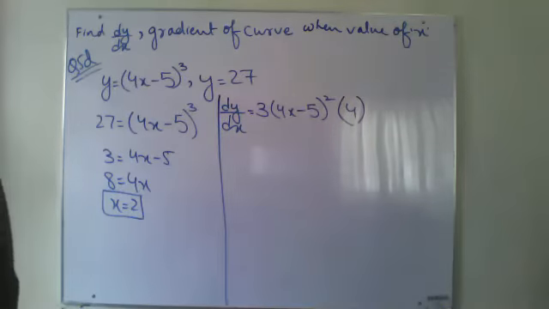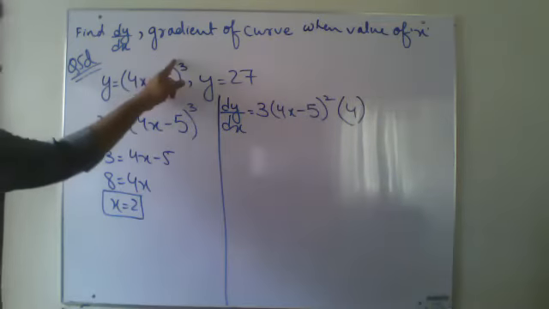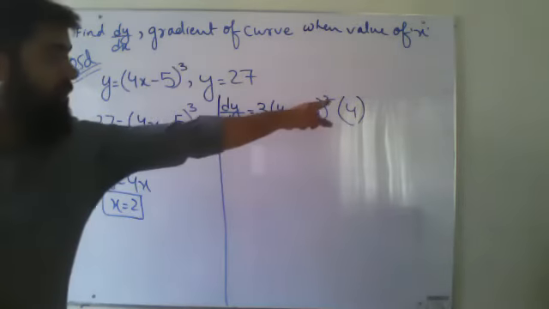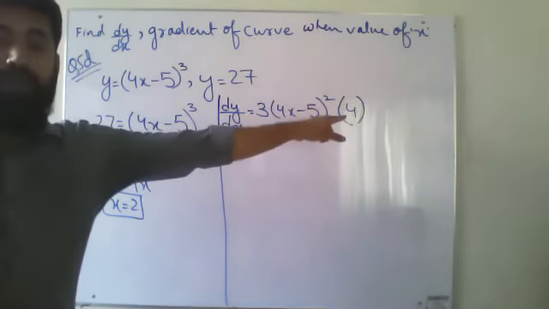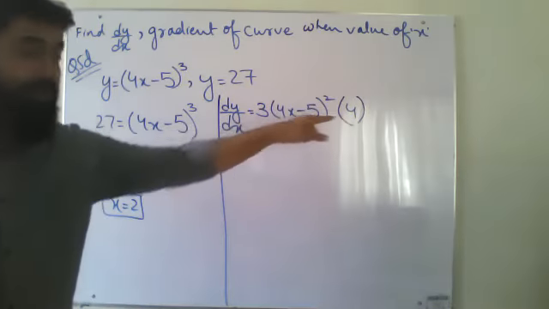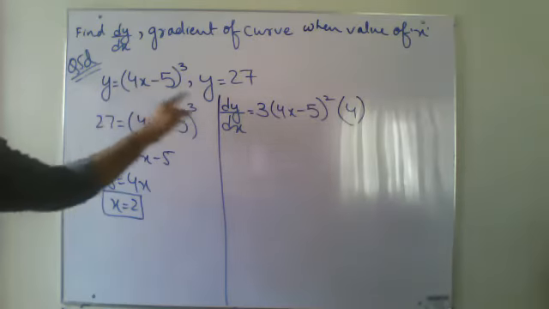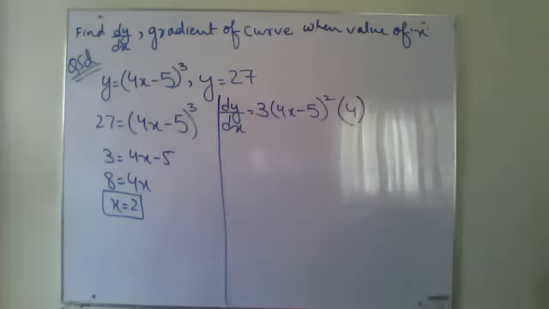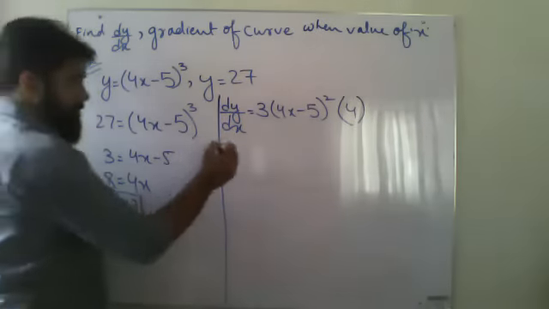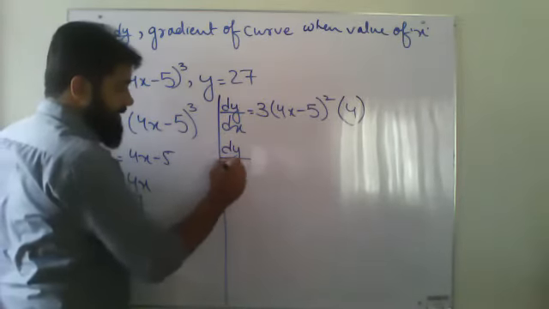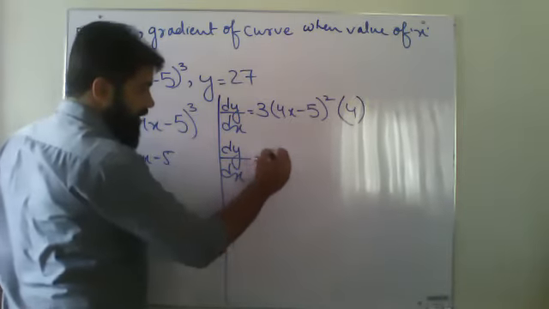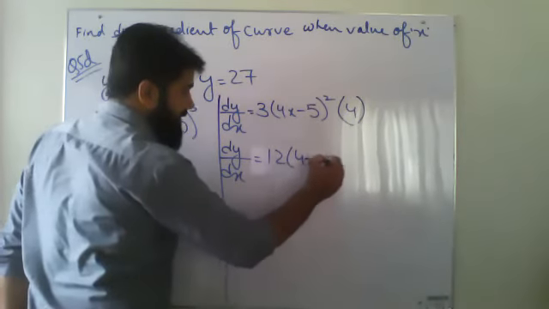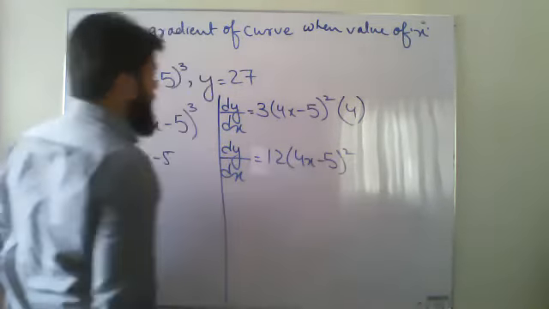I have no concern about the power when I'm solving inside the bracket. That's why no power will be written over there. So dy over dx equals 12 (4x minus 5) whole square.